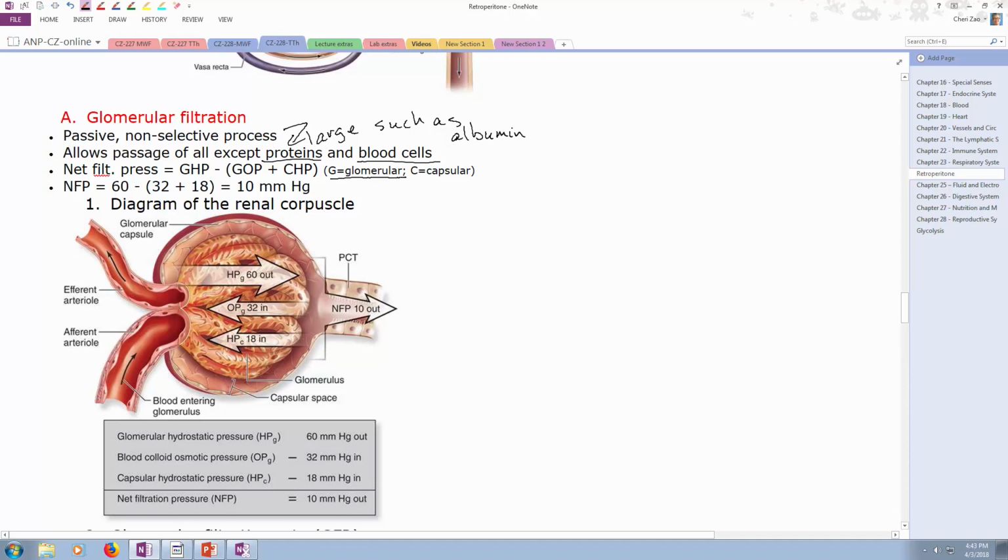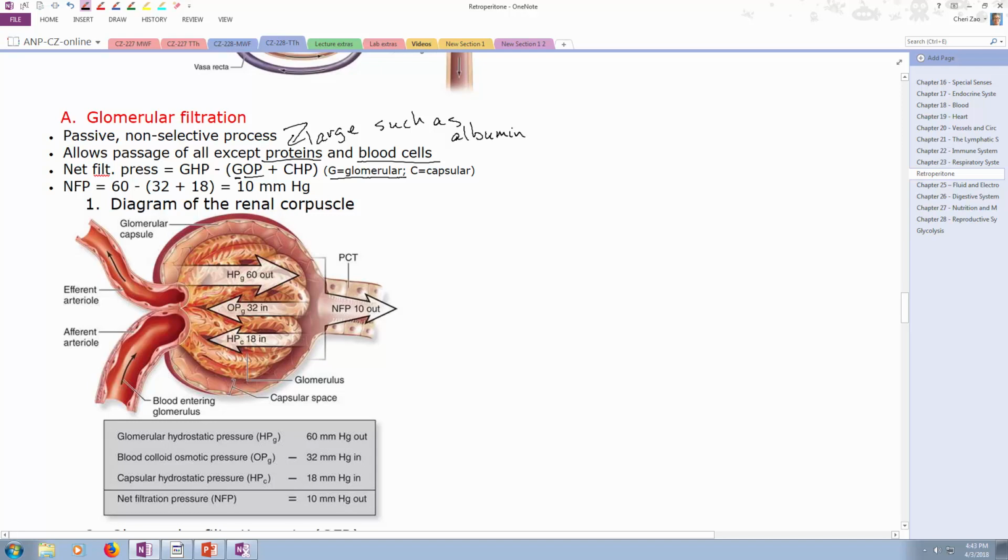We're actually going back into capillary dynamics right now. I know you guys had so much fun with that. But it's simpler, because we're going from arterial to arterial instead of arterial to venule. So glomerular hydrostatic pressure minus glomerular osmotic pressure. OP is the same, osmotic pressure, and G for glomerular.